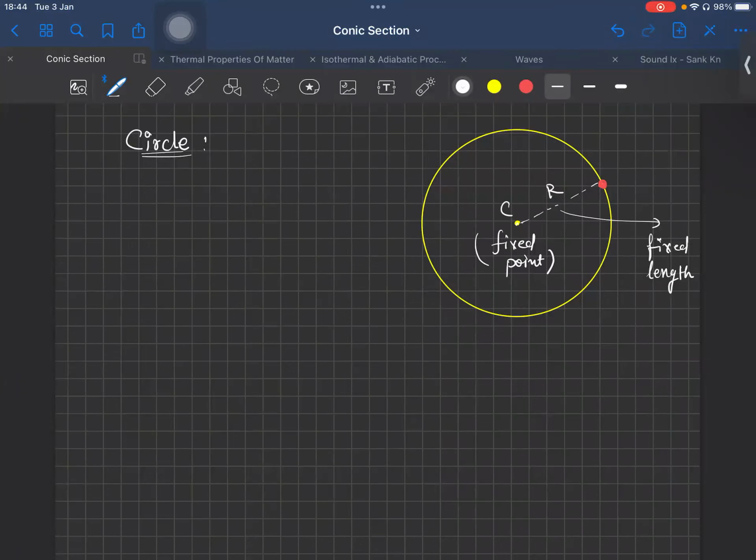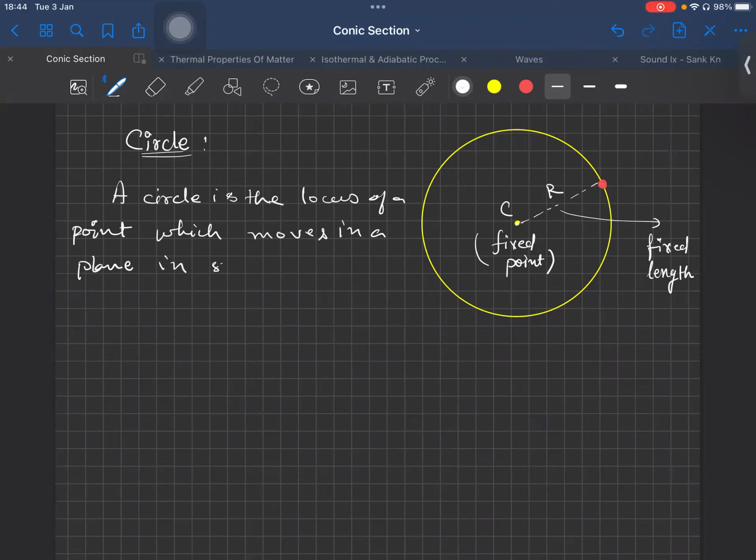Understood? Yes or no? So how will you write it? A circle is the locus of a point which moves in a plane in such a way that its distance from a fixed point remains constant.